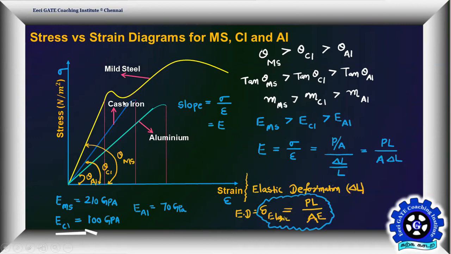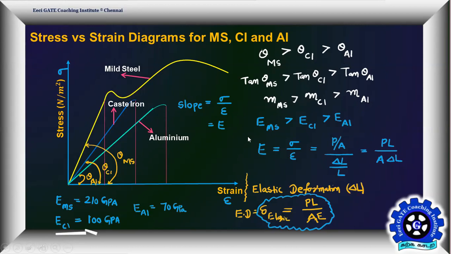So first we have drawn these three diagrams. After that, we observed the angles: theta aluminum, theta cast iron, and theta mild steel. Then we observed which one is more. You found that mild steel is more: theta mild steel, then cast iron, then aluminum. Applying tan, you got the slopes.